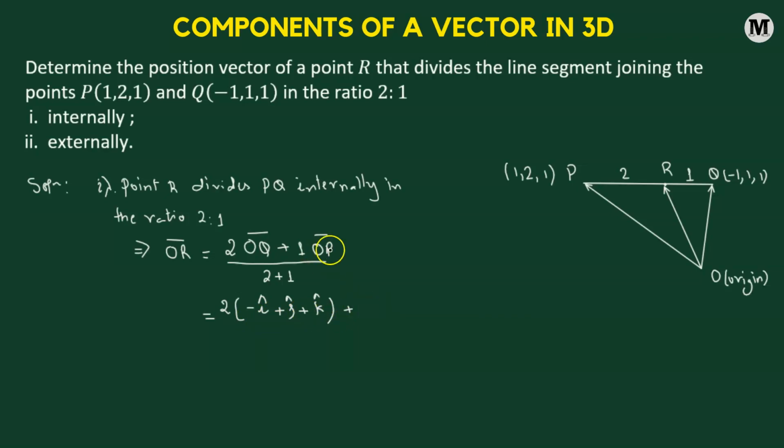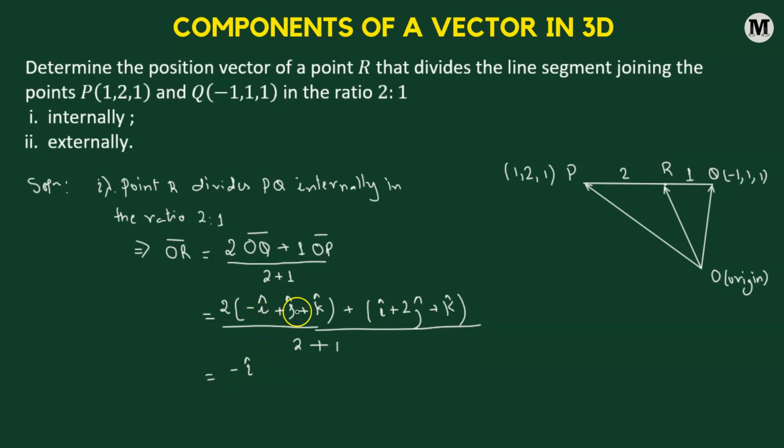This gets added to 1 times OP vector. So OP vector in terms of its position vector is going to be i cap plus 2j cap plus k cap, whole divided by 2 plus 1. So let's combine the like terms in the numerator. We have -2 i cap added to positive i cap, so that gives us negative i cap.